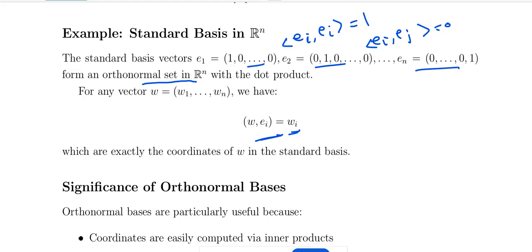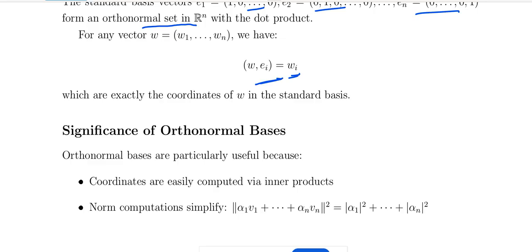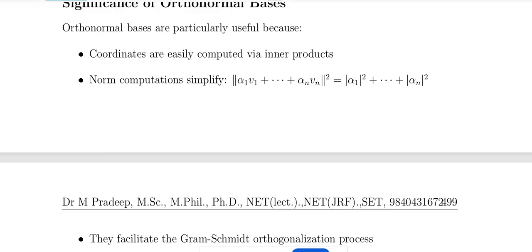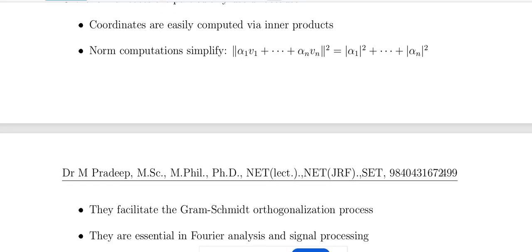That means these are exactly the coordinates of w in the standard basis. Similarly, coordinates are easily found via the inner product, and norm components simplify: the norm of alpha 1 v1 plus and so on plus alpha n vn, squared, equals mod alpha 1 square plus and so on plus mod alpha n square.